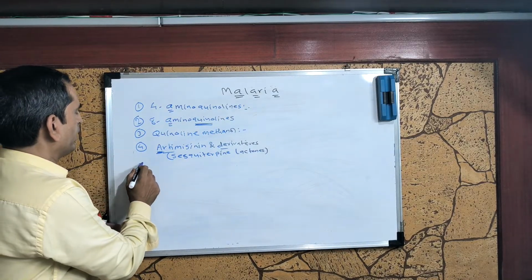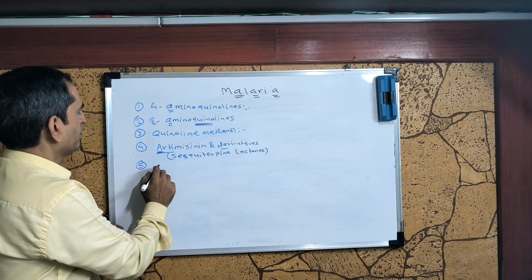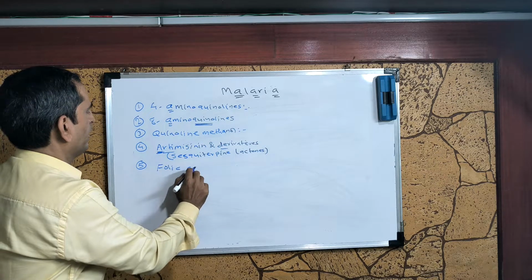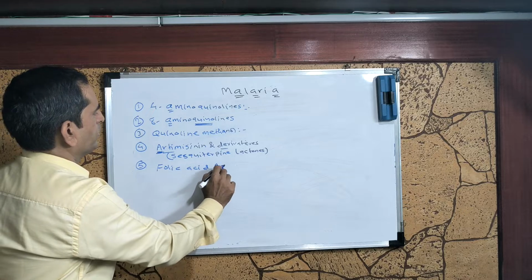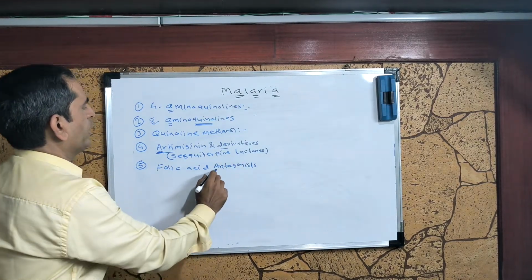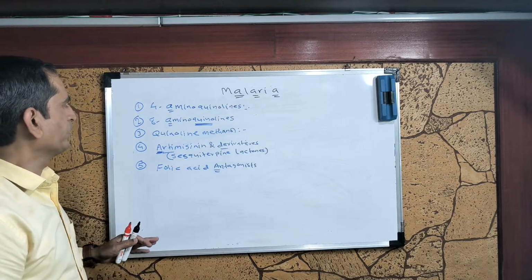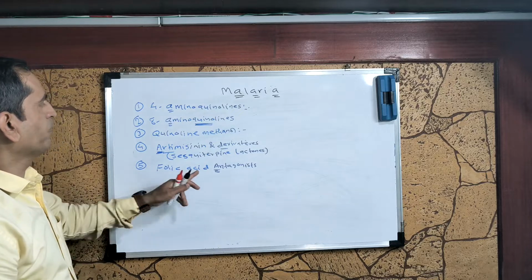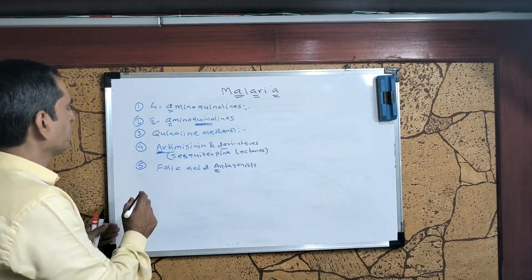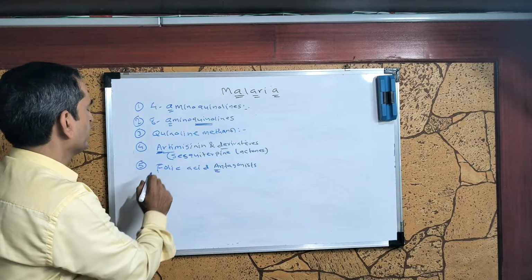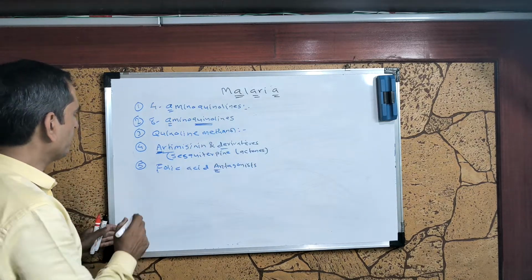The fifth category is the folic acid antagonist, or you can say antagonist of the folic acid. So that's the fifth category. Again here, the A word you can remember for remembering the classification. So the fifth category is antagonist, or the drug which inhibits the formation or synthesis of folic acid.